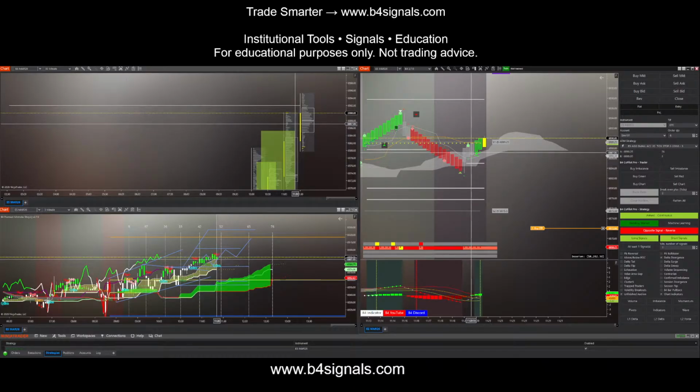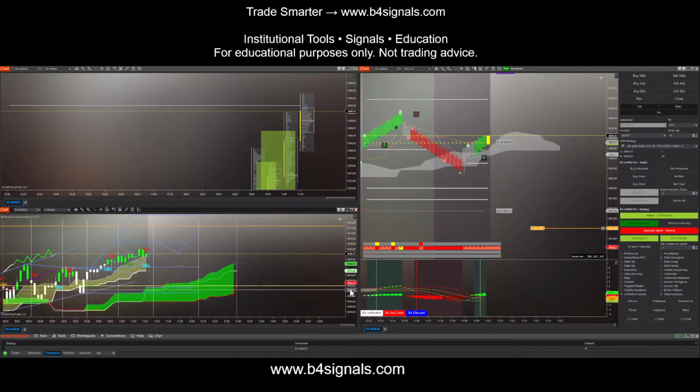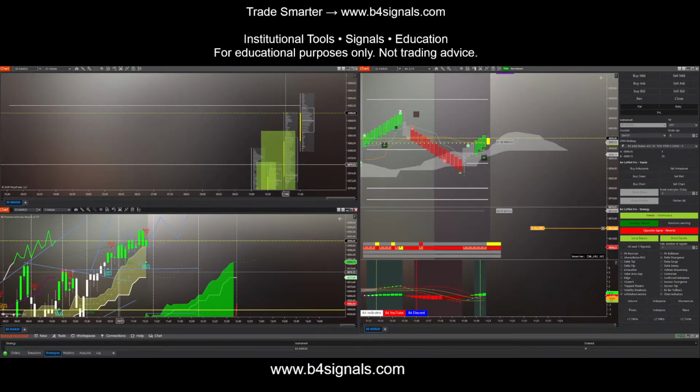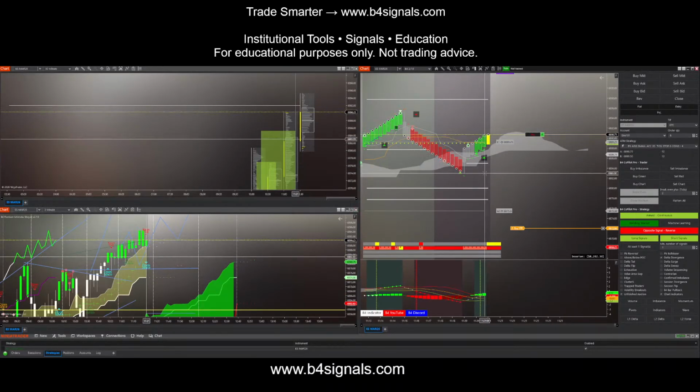You can see the little stop loss moving on it. Order, yeah, that's not filled.